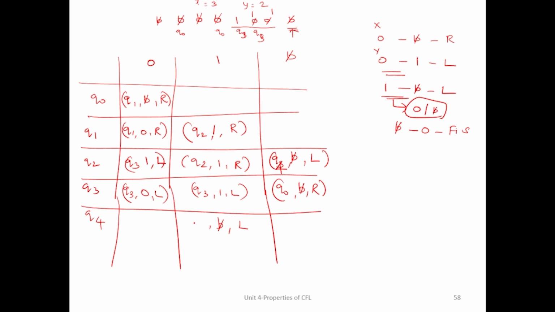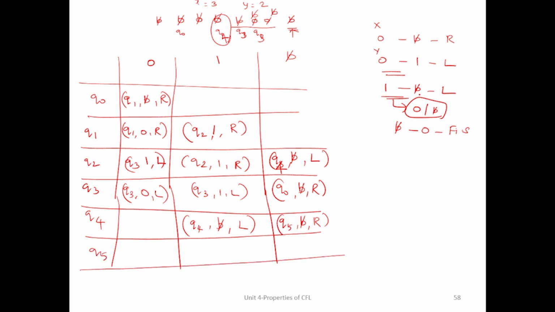So I stay in the same state. For avoiding confusion, I am staying in the same state. So this one is replaced with a blank space, this is replaced with a blank space, this is replaced with a blank space, with the same state. At one situation Q4 is able to read a blank space, and in that situation you go to the right direction with the new state Q5, because I stop the processing.